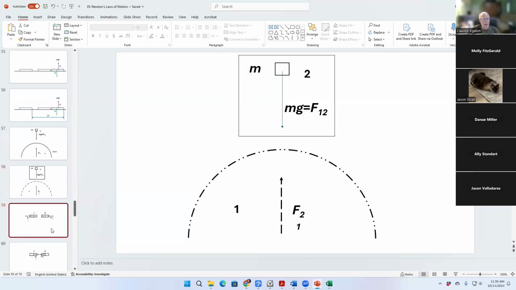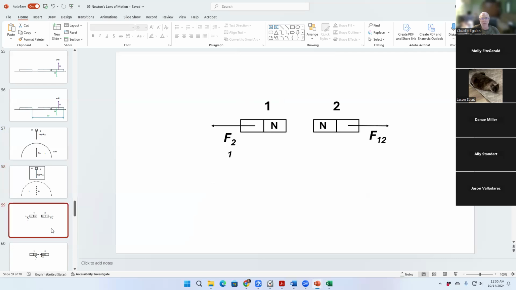If we have 2 magnets, we have something similar. If you place the north side of one magnet facing the north side of the other magnet, you're going to find out that those forces are repulsive. Have you ever done this experiment?